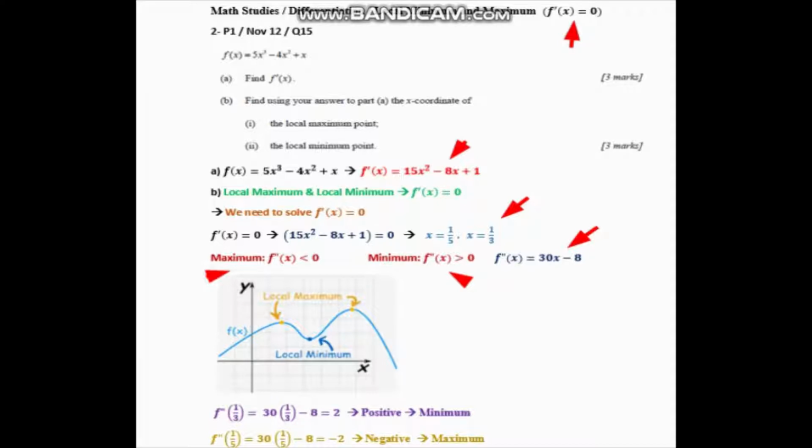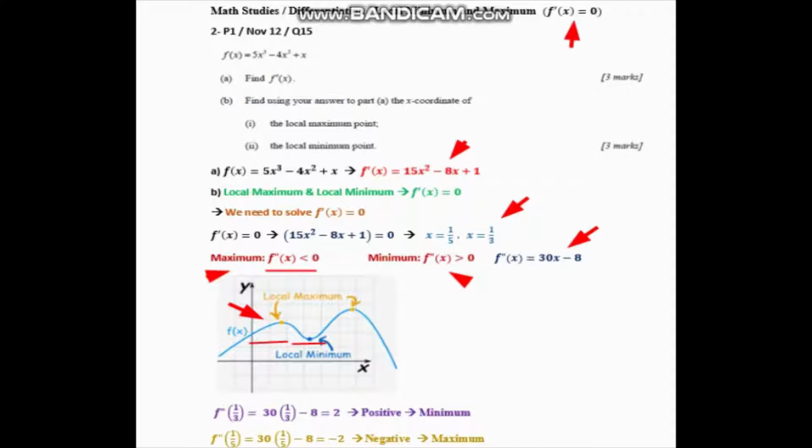So in order to remember which one is which, you can remember this by the fact that the local maximum kind of looks like a frowning face. If you can see, this part of the graph right there is more of a frown. Hence, a local maximum is always negative in f double dash, whereas the minimum is kind of a smiling face.